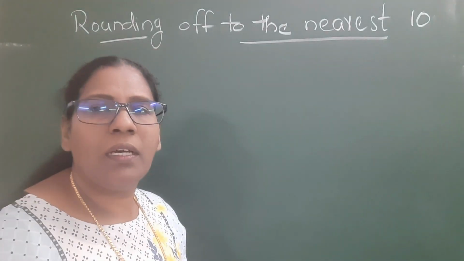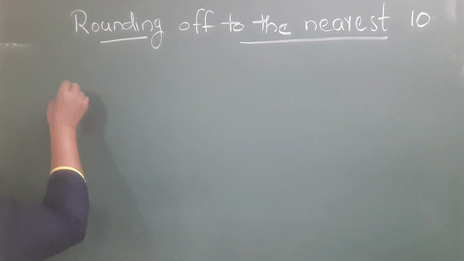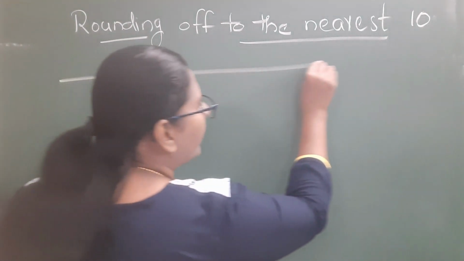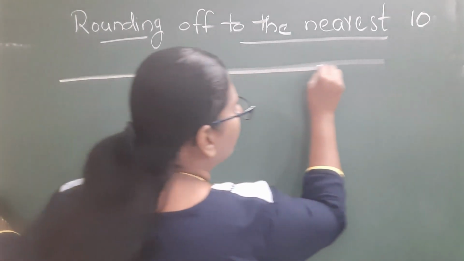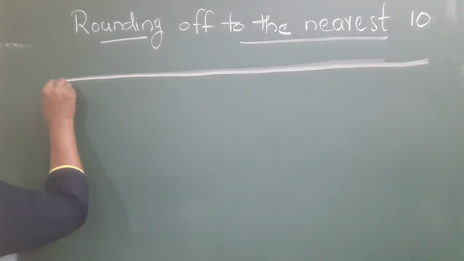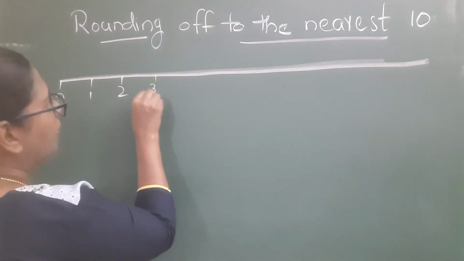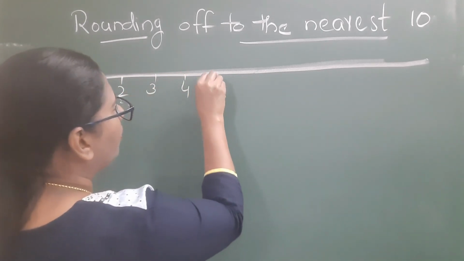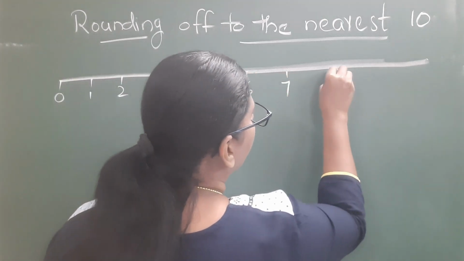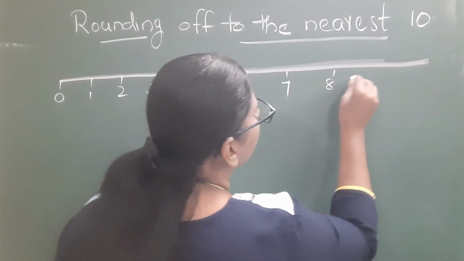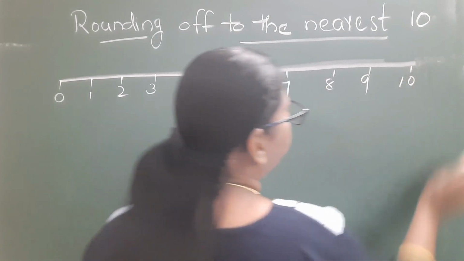First we will learn rounding off to the nearest 10. For that, first we have a scale: 0, 1, 2, 3, 4, 5, 6, 7, 8, 9 and 10.